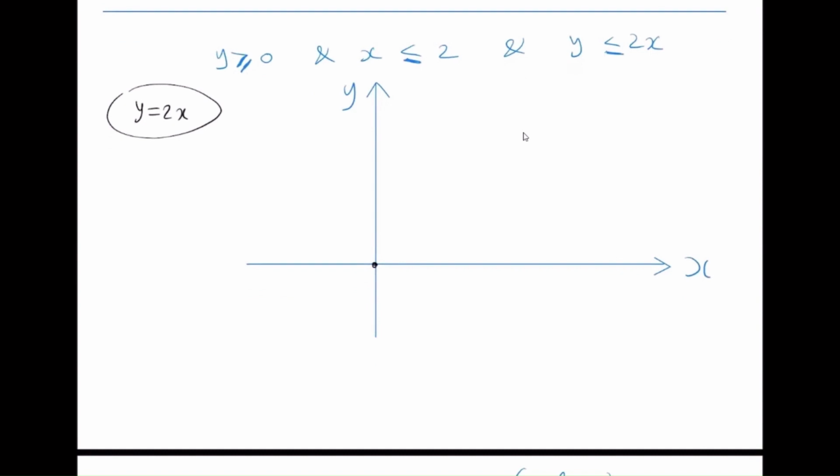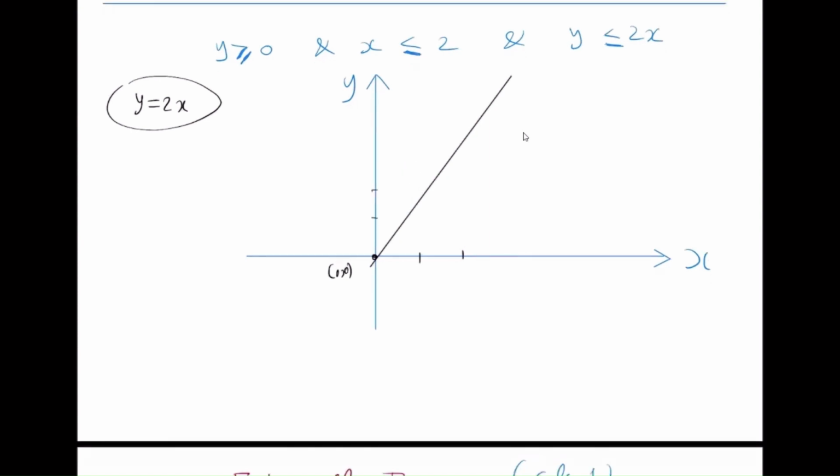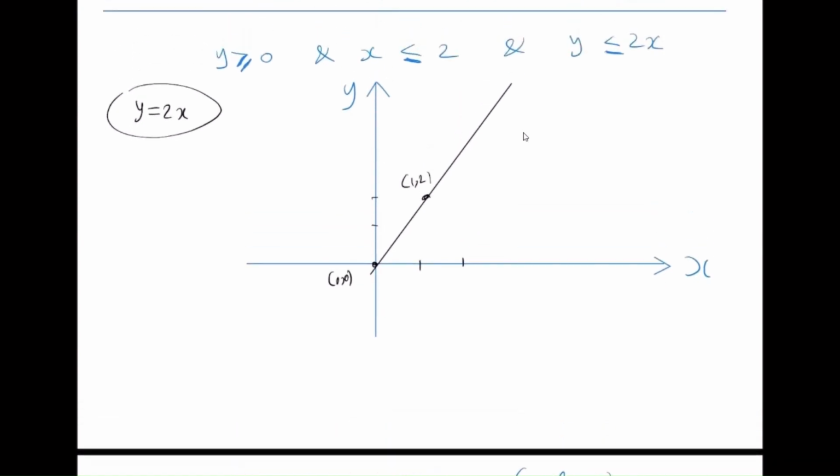When x equals 1, what is y? 2. Yes. So we are here: (0, 0), (1, 2). And x equals 2 gives what? y is 4. Yes, right. So let's move this to match our line. This is (1, 2) and this is (2, 4).